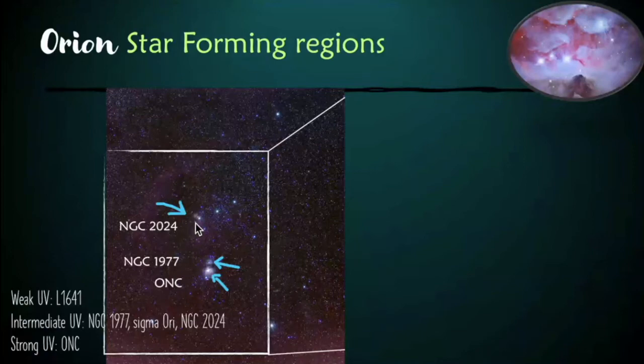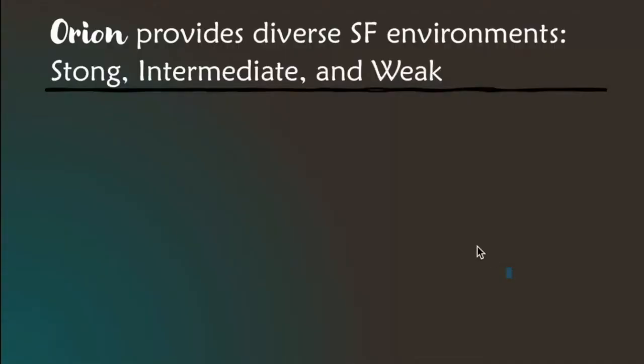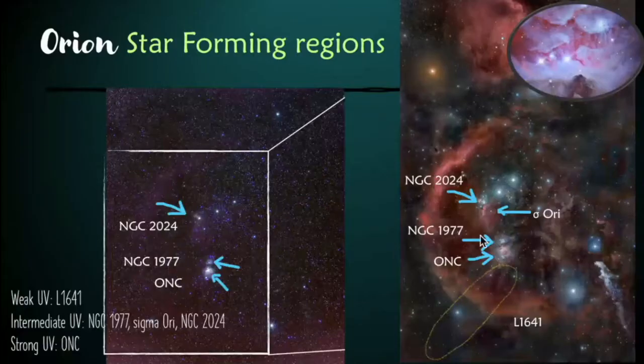and 2024 is actually younger. Here's another figure showing the regions I'm going to cover. ONC is strong, and then there's 1977, which is dominated by B stars, no O star there, and then there's Sigma Ori, which I'm not going to show results from, but the location is right there, and then 2024.